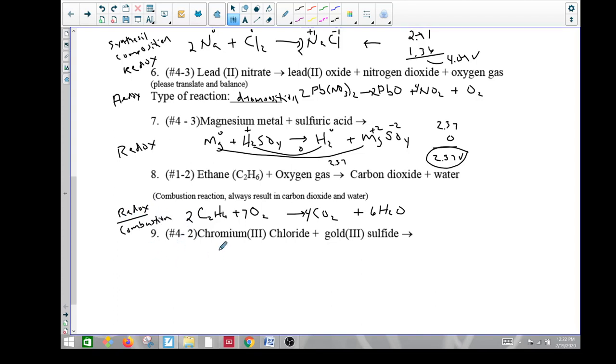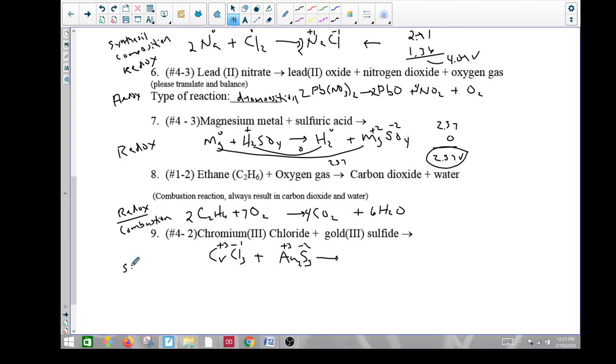Okay, so now we have chromium 3 chloride plus gold 3 sulfide. Put a 2 here and a 3 there. Now, again, we got a cation, an anion, cation, and anion.